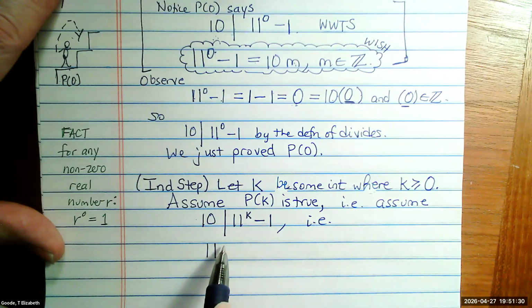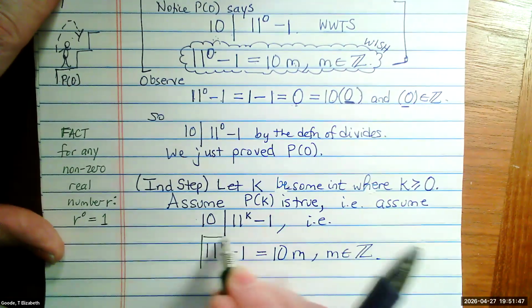We started off with 11, so 11 to the K, minus 1 equals 10 M, because that's going based off of our wish, for some integer M. Right.